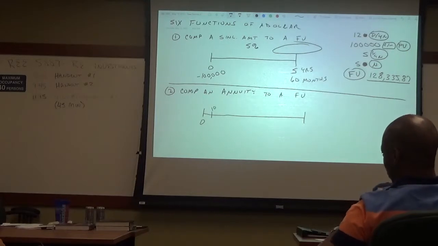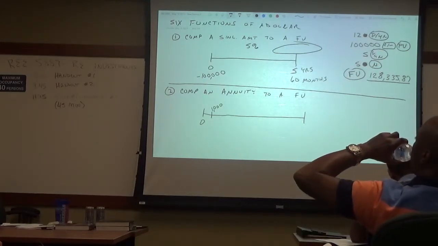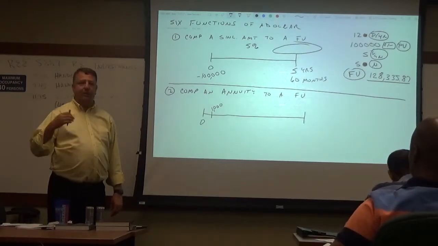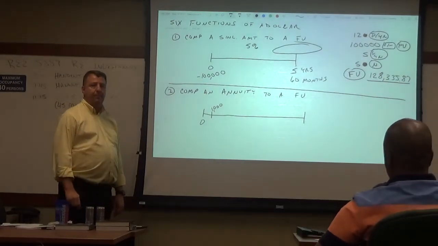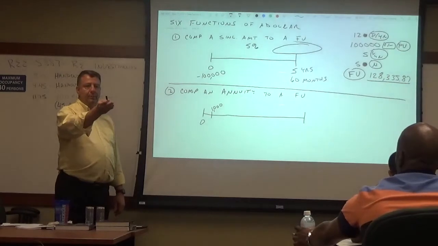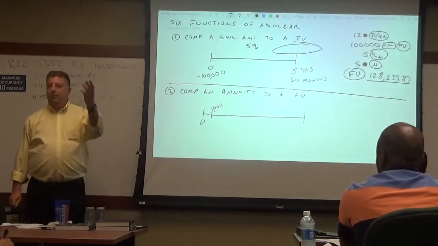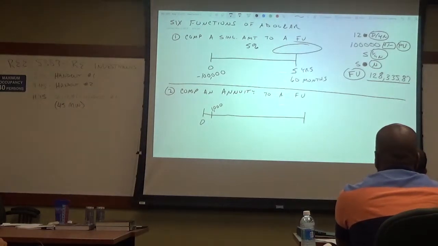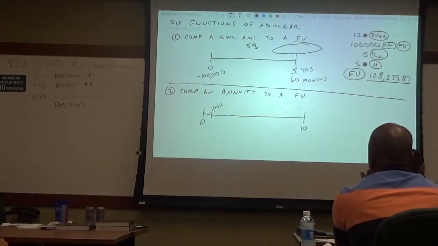So a positive $1,000. How long are we going to be receiving this payment in terms of either months or years? 5 years? 10 years? 10 years. Okay, 10 years, that's fine with me. All right. Do we want this to be annual or monthly? Annual? Okay, we'll do it annual.